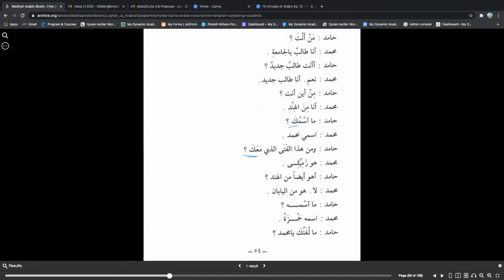Zamil by itself, let's write it out here, zamilun, gets a tanween at the end, right? So when we add a possessive pronoun, a ya meaning my or me, when a possession goes back to ana, to I, me, then you get rid of the tanween and you put a kasra under the last letter.